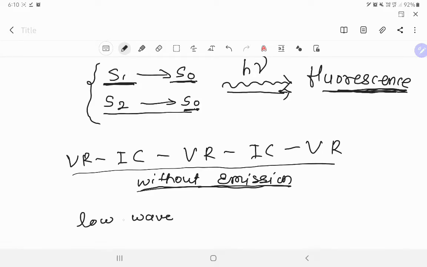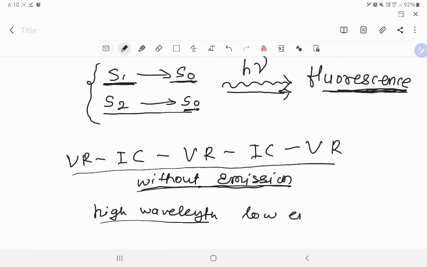Not low wavelength, higher wavelength, sorry. Generally, this fluorescence emission has a high wavelength, meaning low energy.